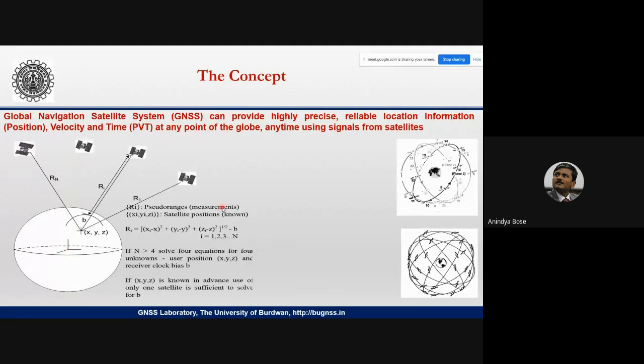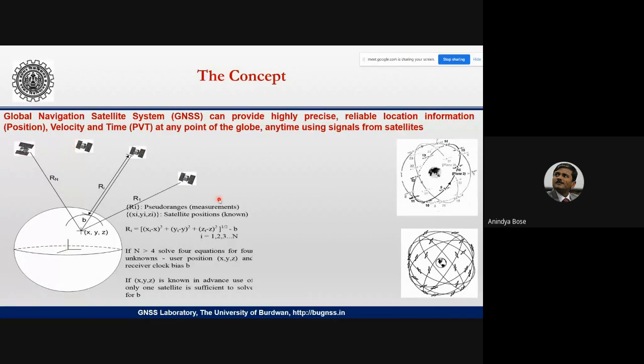For the process, I already told you, we use signals from satellites. So let us take these 4 satellites in the sky. How they are put there, I will talk about later. Let us take it that these are GPS satellites. They are in medium Earth orbit, some 20,000 kilometers from the surface of the Earth.